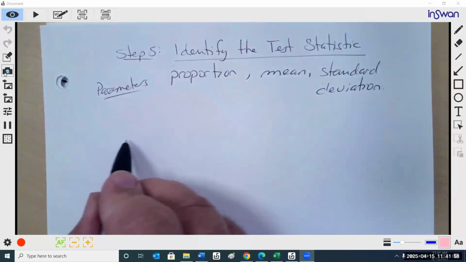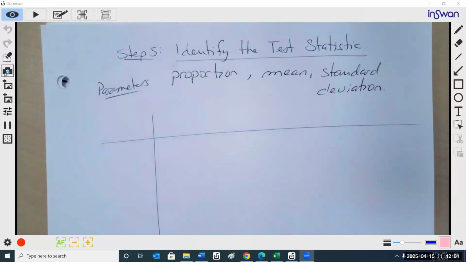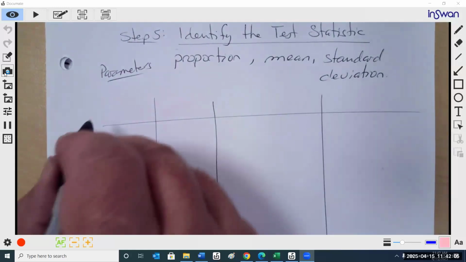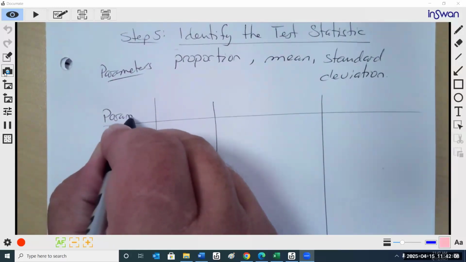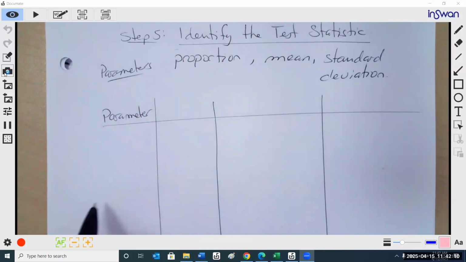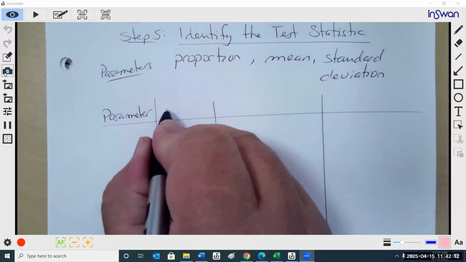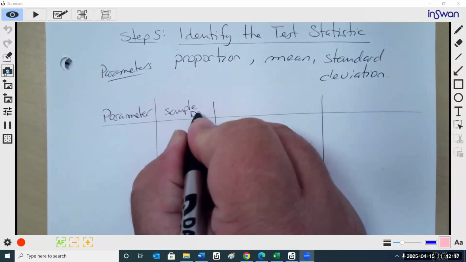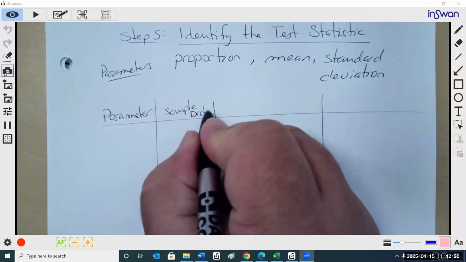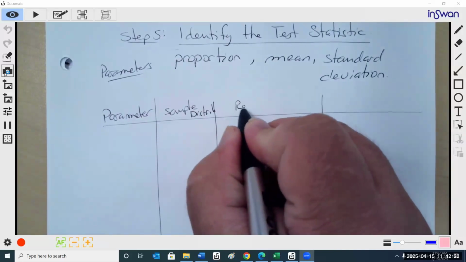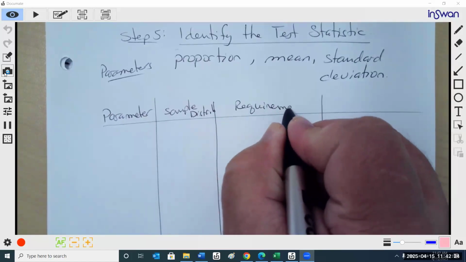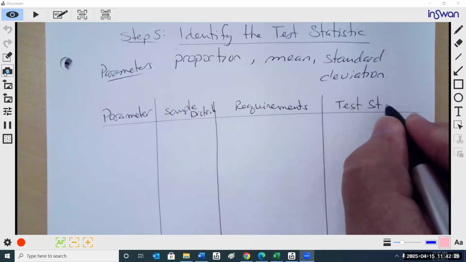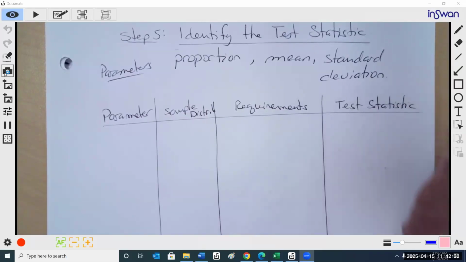Depending on which parameter you have, the sample distribution, the requirements, and the test statistic.